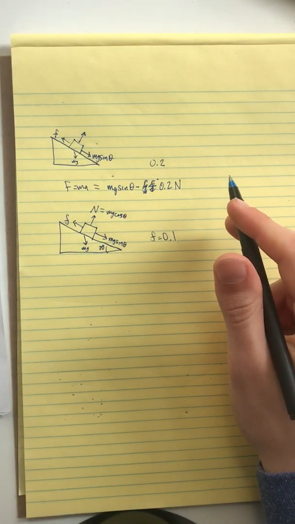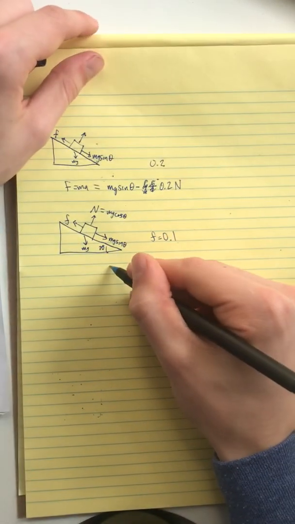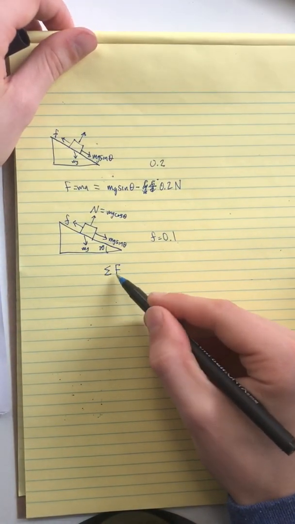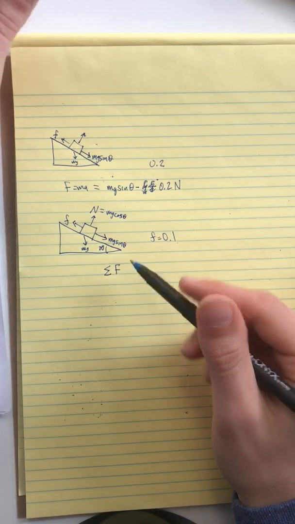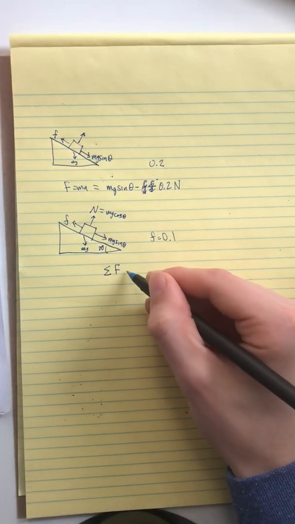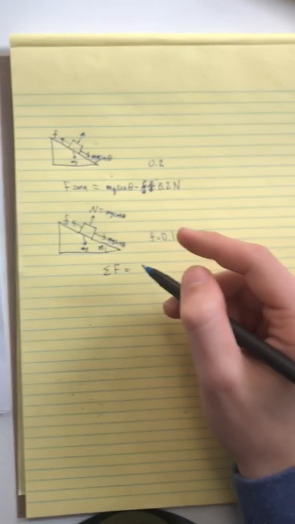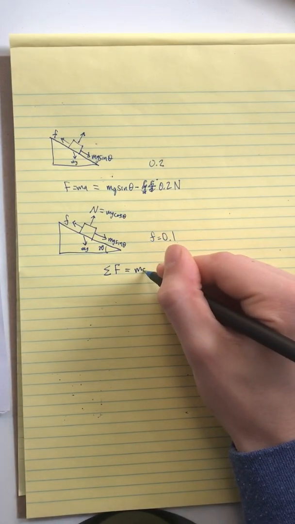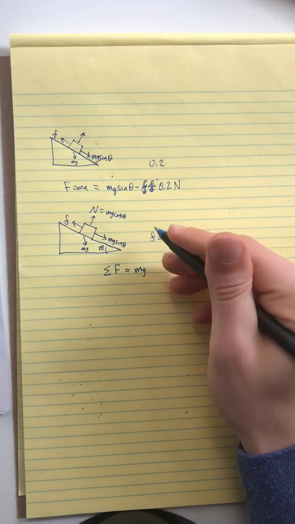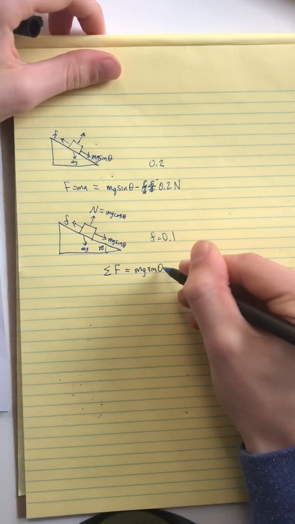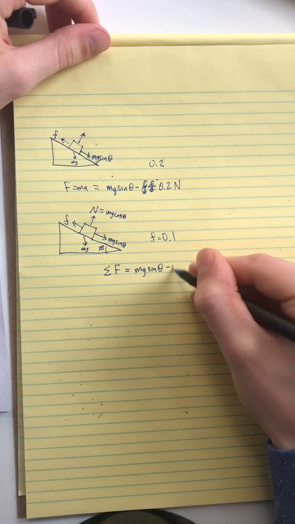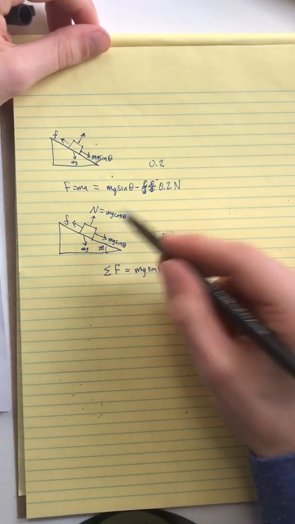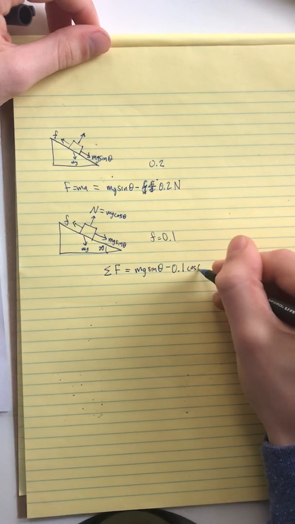So for this, all we have to do is sum our forces. That's the symbol for sum, like an uppercase E sort of looking thing. Sum of forces equals mg sine of theta minus 0.1 times normal force, and in this case normal force is mg cosine theta, right?